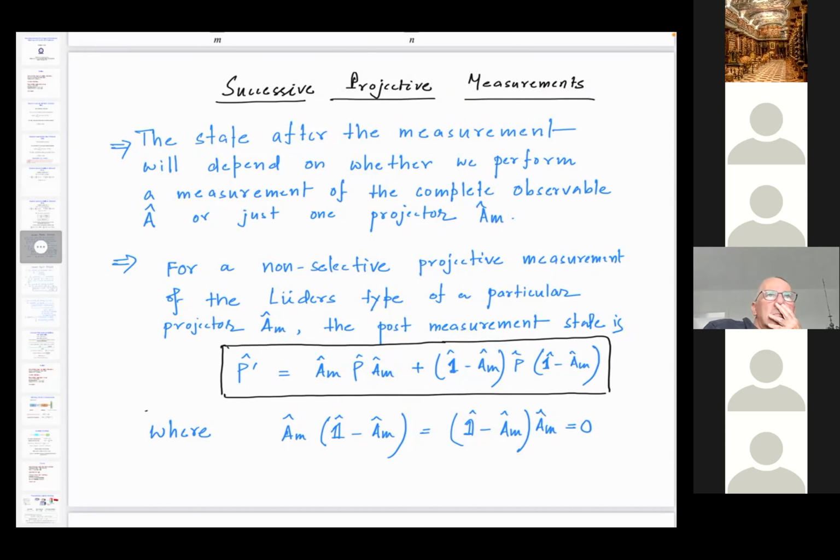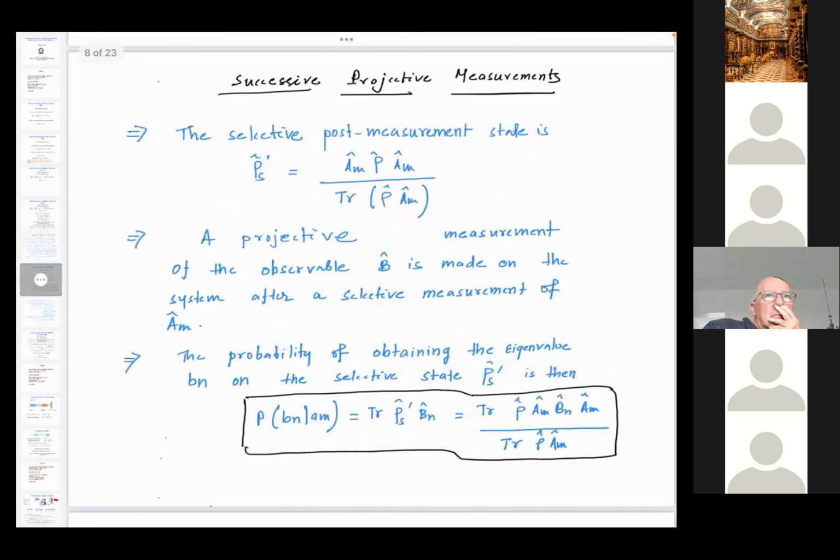Okay. So what would be the selective post-measurement state after applying the projector AM? Rho S prime is the post-measurement state after rho is being measured at M. A projective measurement of the observable B is made on the system after a selective measurement of AM.